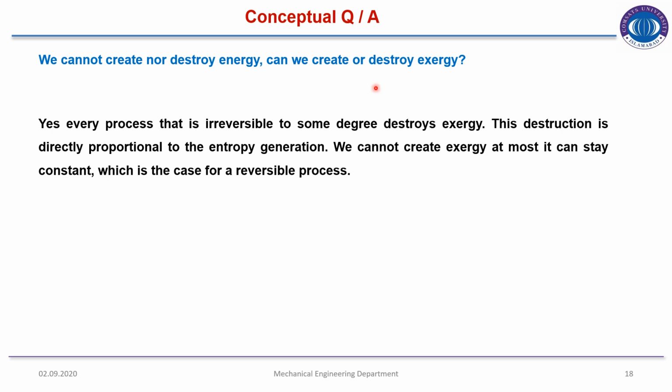The more irreversible the process is, the greater the entropy generation term will be and the exergy will decrease. So only in a reversible process will the exergy remain constant; in an irreversible process, the more irreversible it is, the more the exergy is decreased.